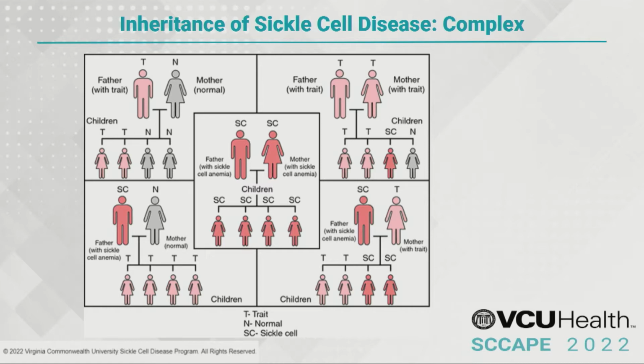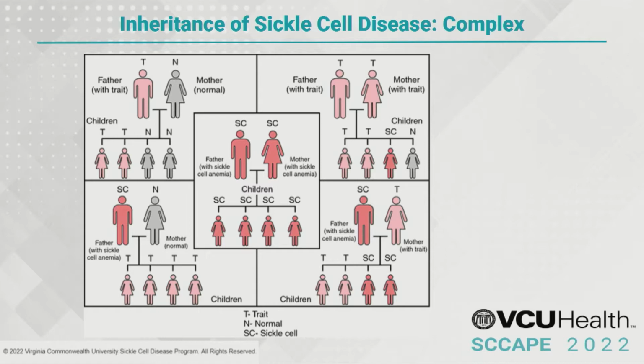Then if you move over to the top right, where both parents have the trait, there is still a 50% chance of the child having the trait. There's a 25% chance of the child having sickle cell disease, so SS disease, and then there's a 25% chance of the child not having the trait or the disease.